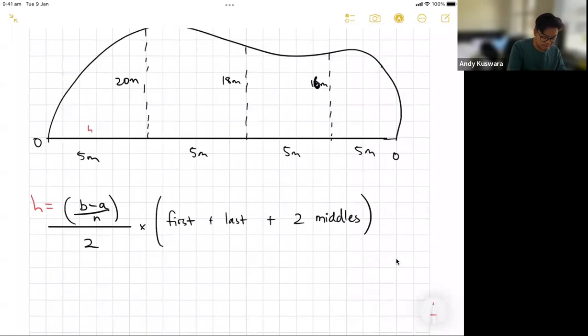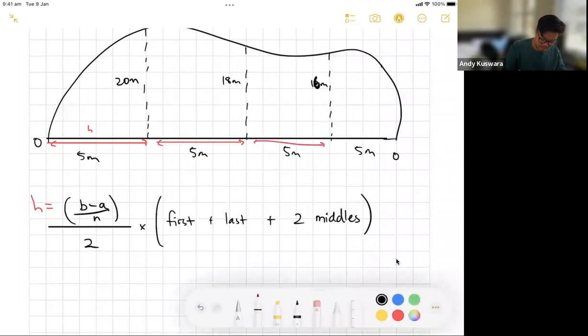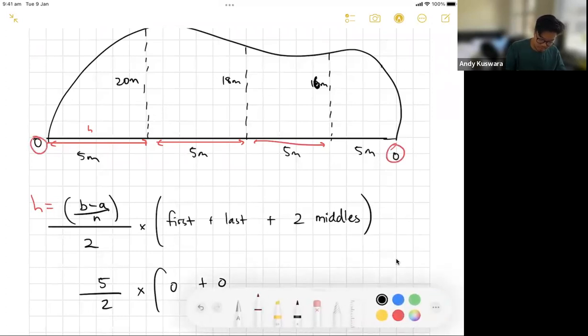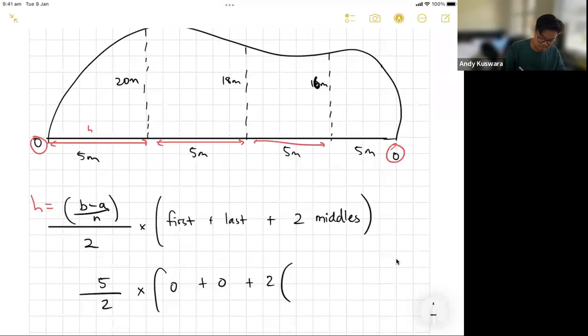So what's the height of each trapezium, right? We can see here that the height of each trapezium is just going to be 5. So in other words, this is going to become 5 over 2 multiplied by, what's the first value? It's 0, plus the last value, which is also 0. Now I'm looking here at that's 0, that's 0. And what I do now is I plus 2 lots of the middles, right? 2 lots of all the middles. So it's going to be 2 times 20 plus 18 plus 16.